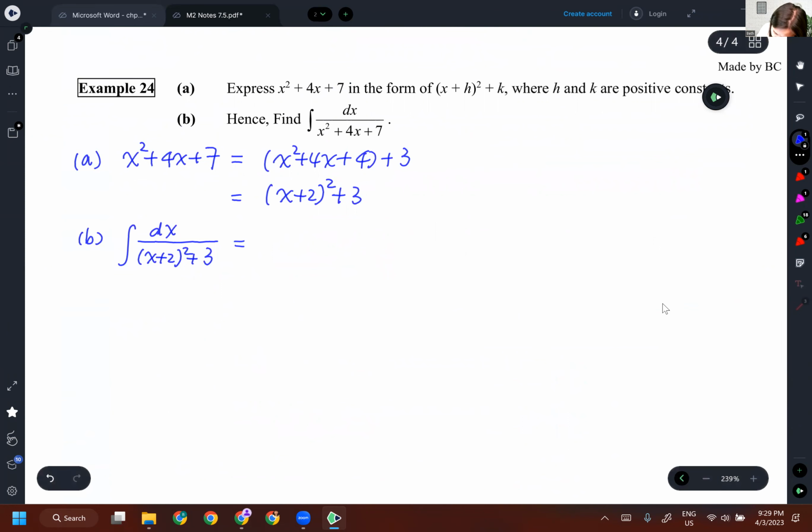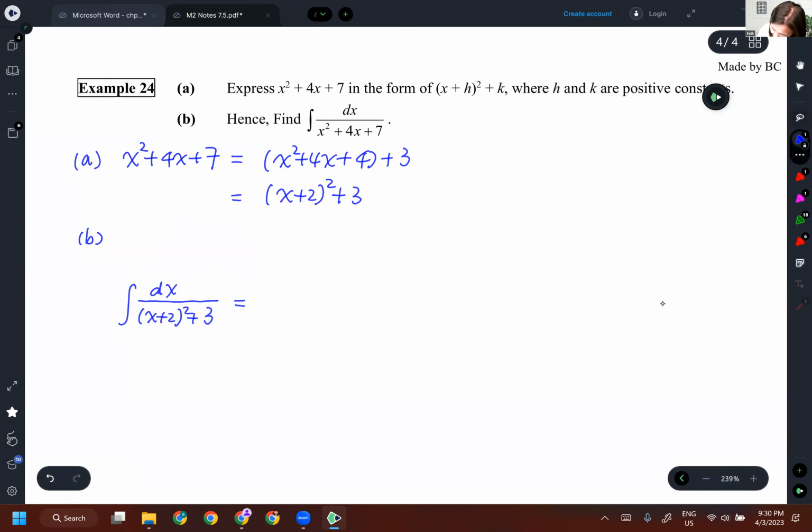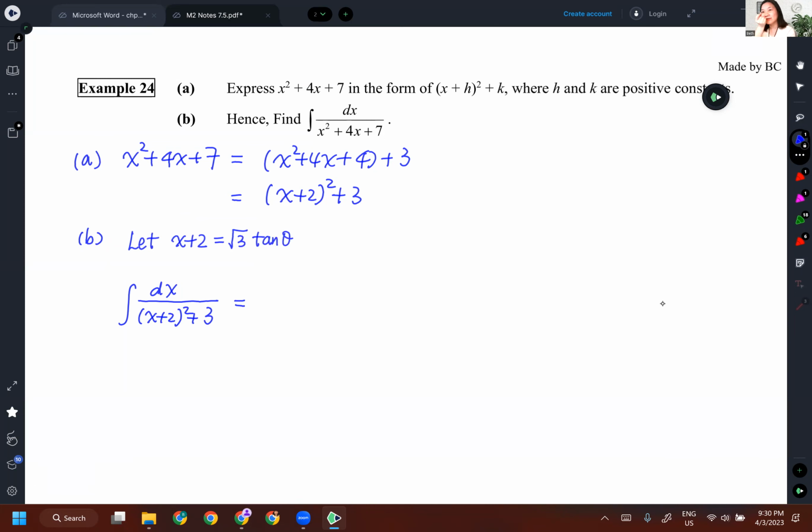That is to let, I'll write it here. I will let x plus 2 be root 3 tangent theta, because I want this to be tangent squared plus 1. So that's how I decided.